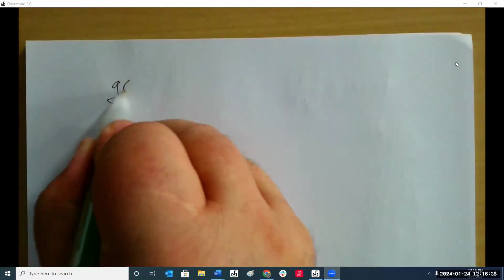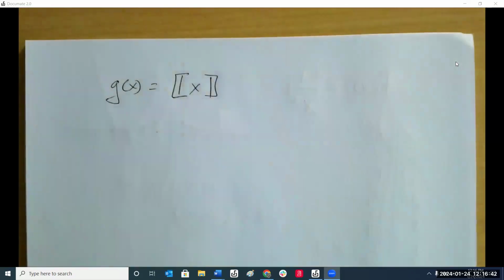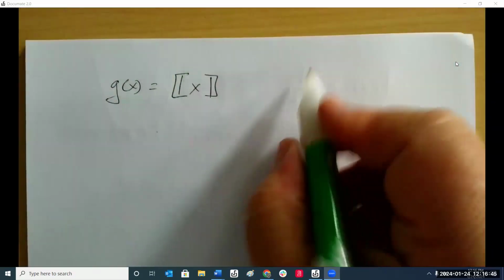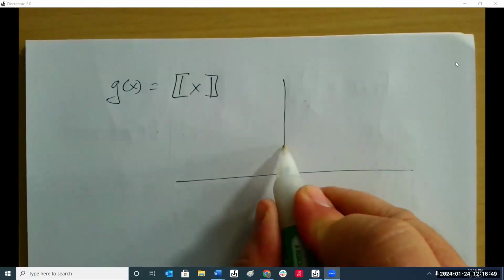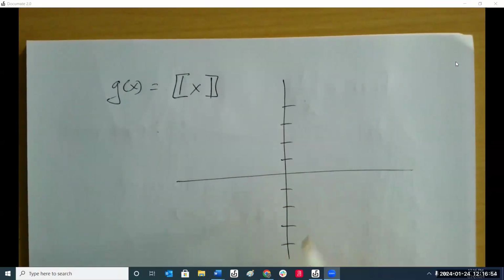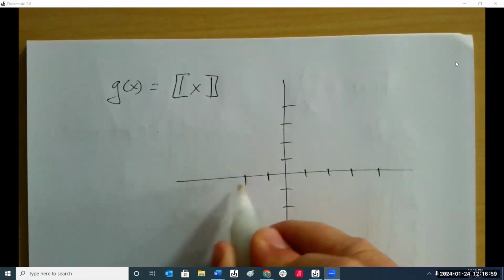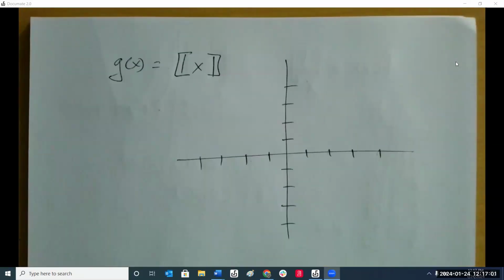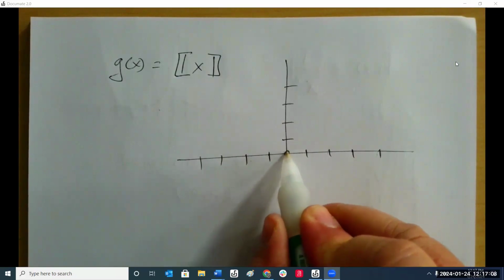And the last one, I believe, when X is 0, Y is 0.